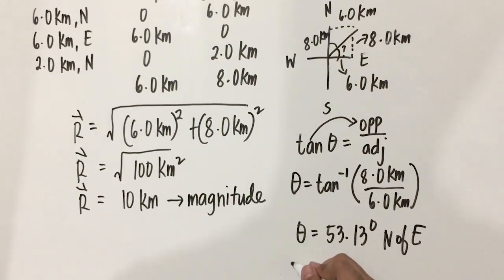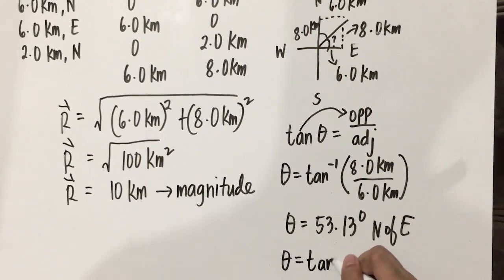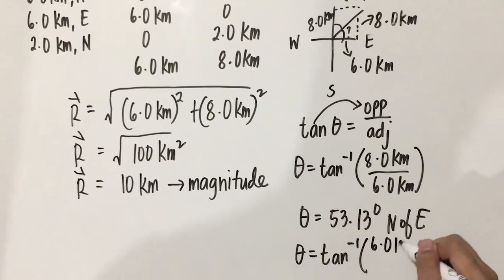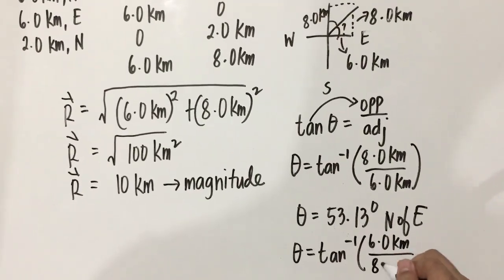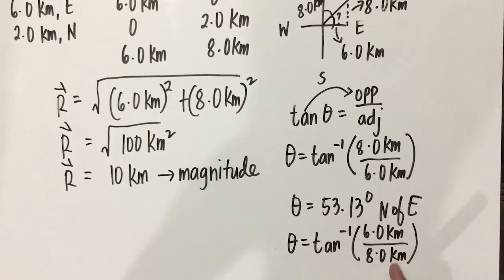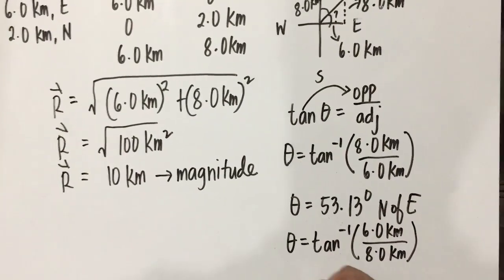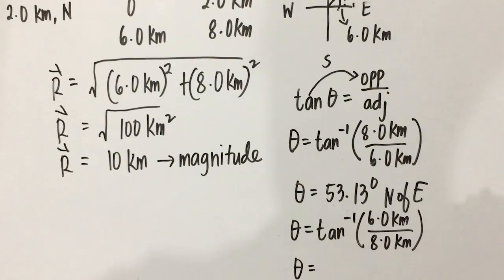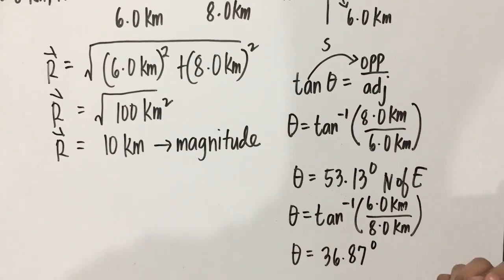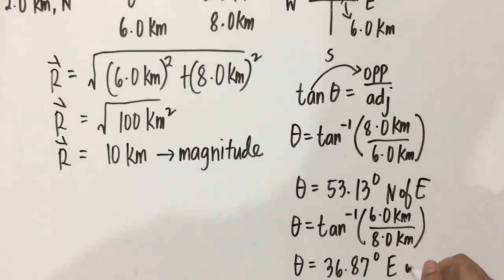So angle theta is equal to arc tan of 6.0 kilometers over 8.0 kilometers. Get the quotient of that, then apply arc tan, or tan negative 1. So you have now 36.87 degrees. Now that is the other way around of north of east. That becomes east of north.